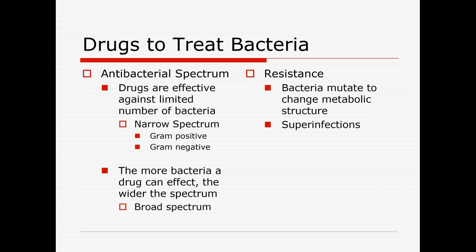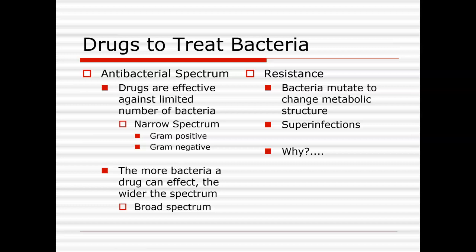You already have an idea that bacteria have the ability to mutate and become stronger, and that's where we get some of these super infections you've heard of, like methicillin-resistant Staphylococcus aureus, MRSA. There are other super infections that become resistant to even some pretty mild antibiotic drugs.